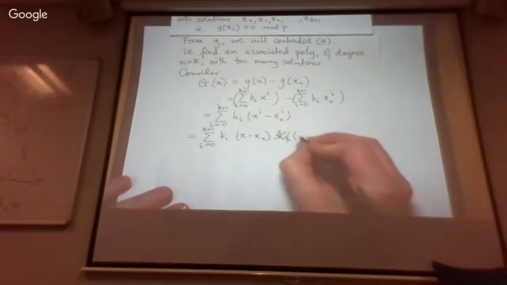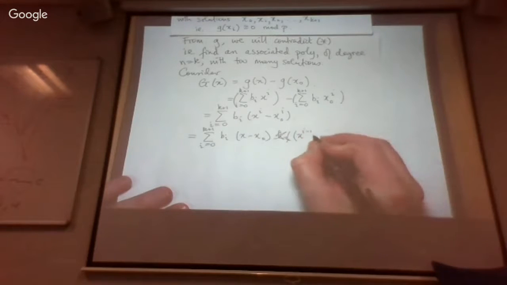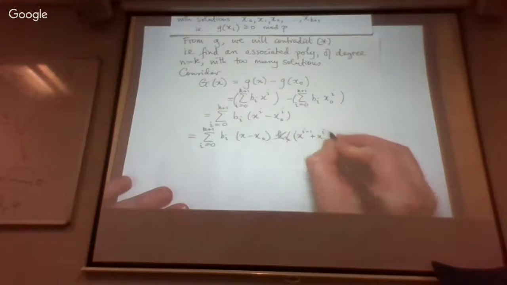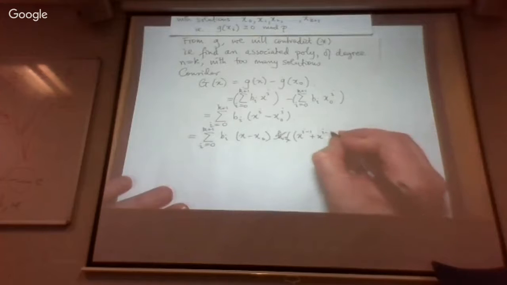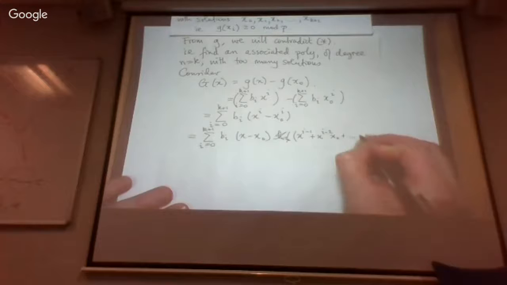It's going to be x to the i minus 1, plus x to the i minus 2 times x naught, and it goes all the way down to x naught to the i minus 1.